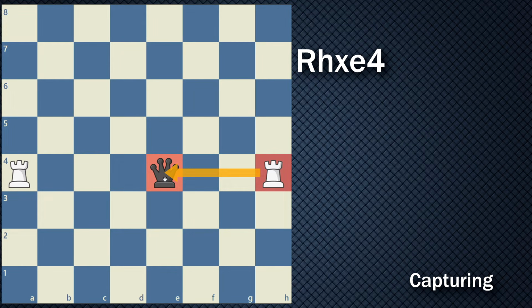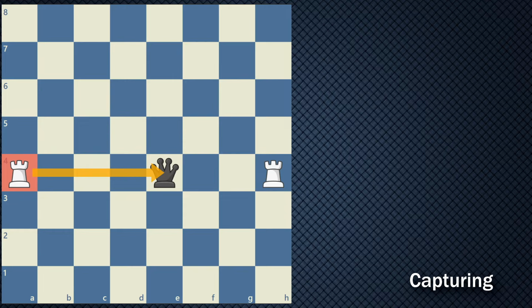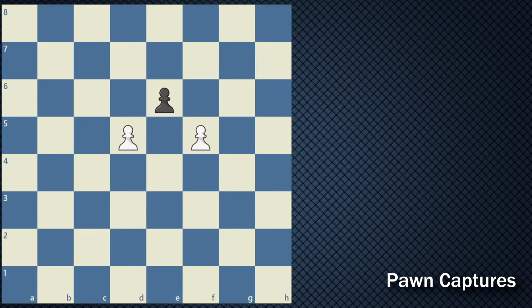Again, I don't need to write the symbol for queen. All I have to say is rook on h, x e4, and this rook is going to be able to capture it. And vice versa on this side. If I want this rook to capture this queen, I'm going to say capital R on a at the bottom right here, x e4.